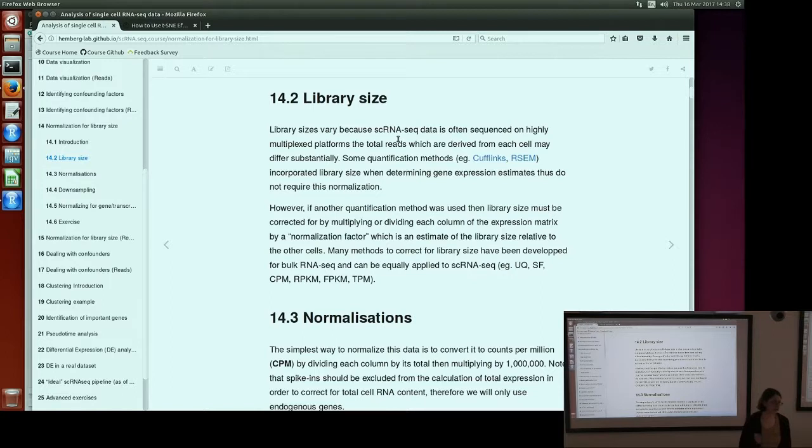And they differ a lot because you're sequencing in a highly multiplexed form, and just by random chance, different cells will get different amounts of coverage. Also, during the library preparation steps, library preparation on some cells may have been more efficient than on other cells, leading to slightly different library sizes, which are then sequenced to different depths at the end.